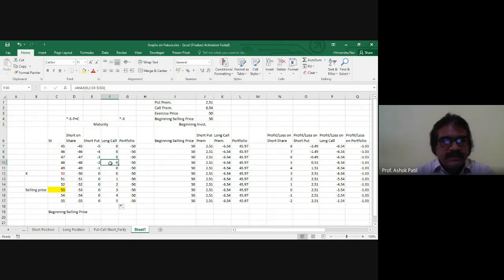You did J3, right? Yes, sir. Okay, and portfolio will remain the same thing as that, just addition. That is not an issue. Come here, yeah. So that is already done. I think beginning selling price you've done. Now short share here, instead of C15 it will be the beginning selling price 50. That part is correct.